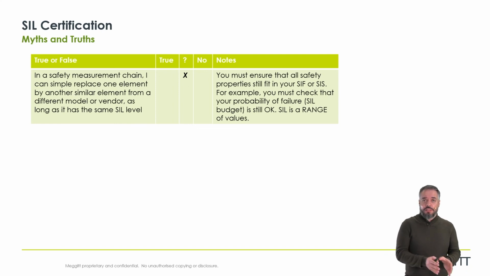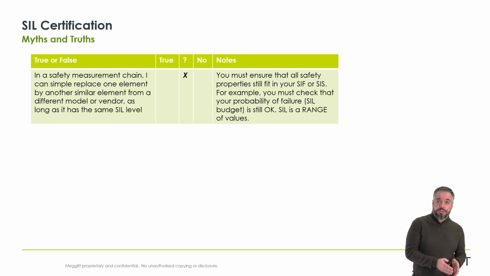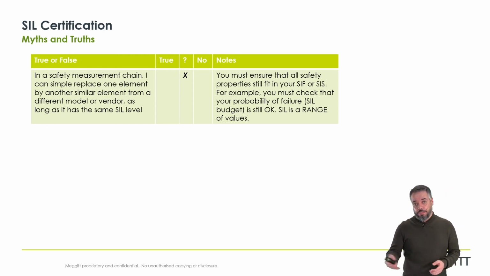So you can be replacing a product that has a very high effectiveness, so a very low probability of failure, by another that has a higher probability of failure within the same SIL classification. But when put together with other elements, it will render your system more prone to fail. So it may force you to go to a lower SIL level. So you need to check all the safety properties to make sure that you can replace one element by another. And you need, of course, to redo all your safety calculations.